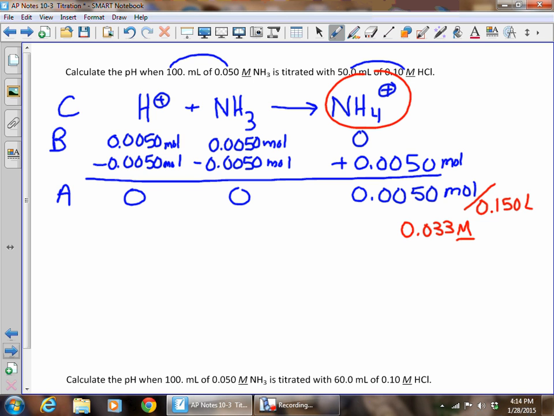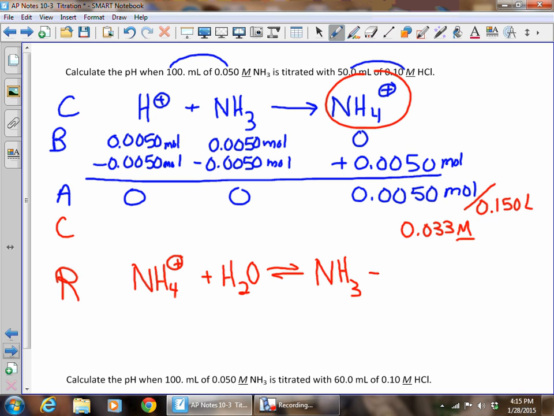So our RICE, now that we've done the completion, is going to start out with that NH4 plus being attacked by water. I'm going to run out of room here, but I'm going to keep going, and if we have to go a little past, it'll be okay. So NH4 plus is being attacked by water, and when it does, we end up with water acting as the hydrogen stealer this time. We are left with NH3 and our hydronium ion, which we treat just like the hydrogen ion.